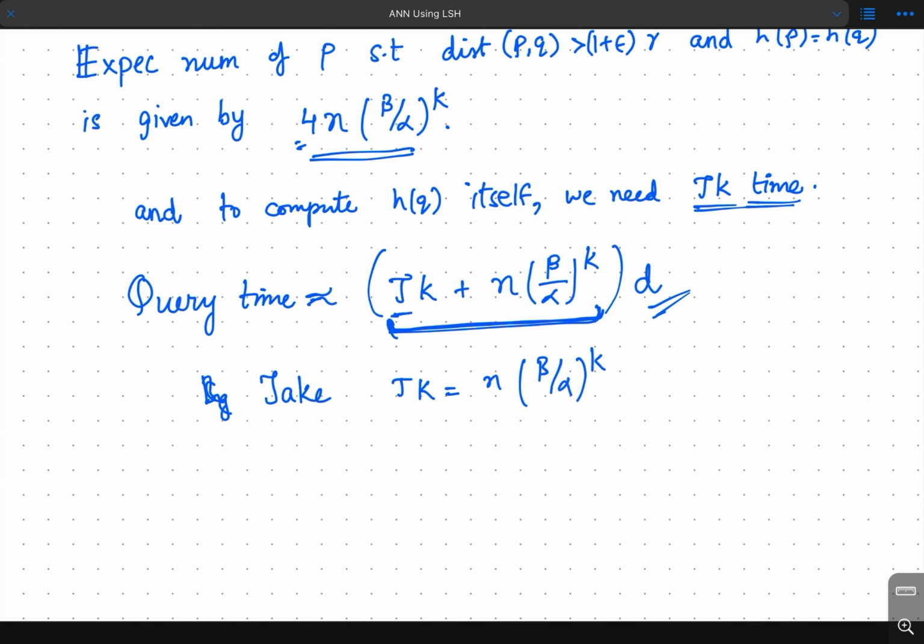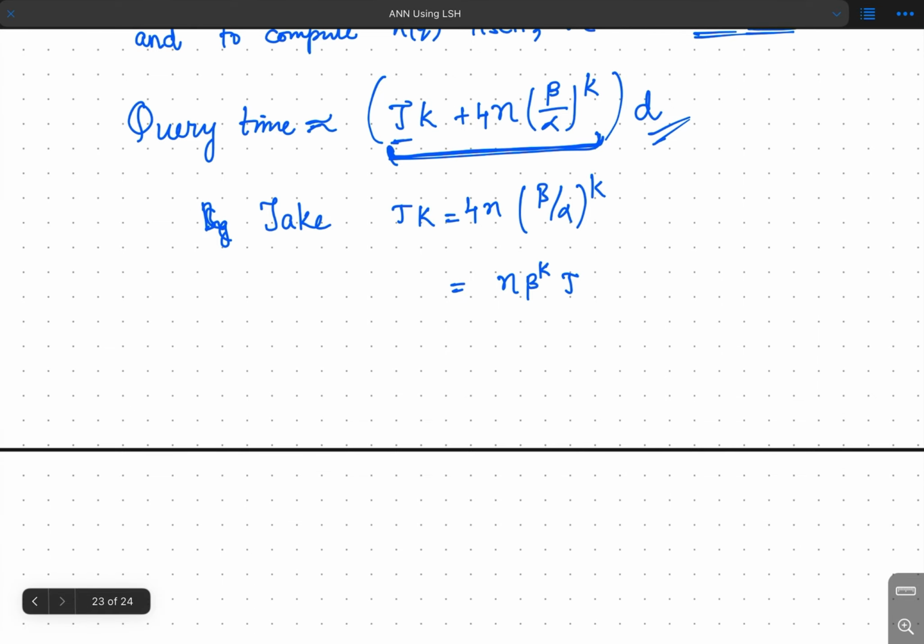We can also have 4 here. So if we take tau k equal to 4n times (beta by alpha) whole power k, this will be equal to n beta to the power k times tau. So that's okay, and this implies that we get a value for k.